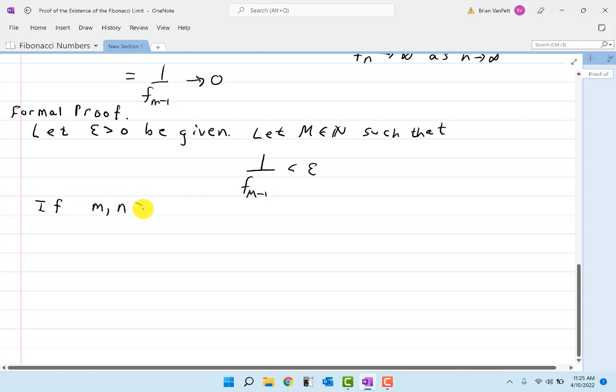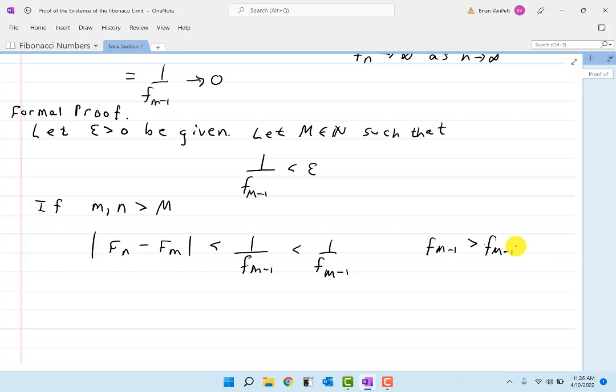So then, if m and n are greater than this capital M, we have the absolute value of F sub n minus F sub m is less than 1 over f sub m minus 1, which is less than 1 over f sub capital M minus 1. So let me show you why that's true. We have f sub m minus 1 would be greater than f sub capital M minus 1 because I'm choosing m to be bigger than the capital M, and we know this is an increasing sequence.